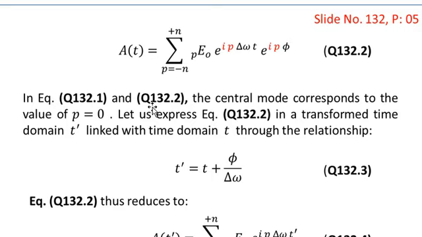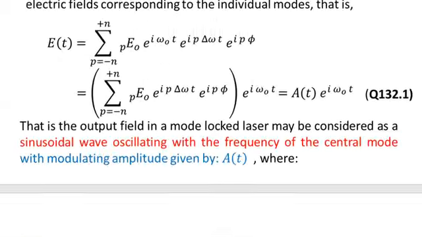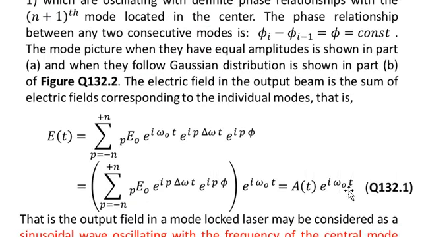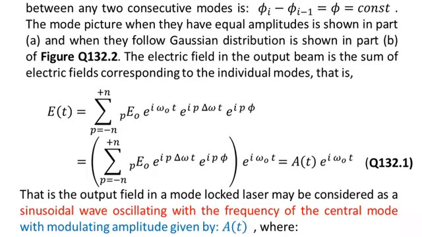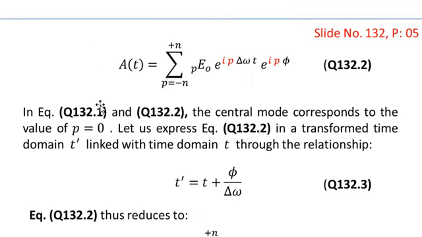In equation number 1 and equation number 2, the central mode corresponds to the value of p equal to 0. So you know that this central mode, which I have mentioned over here and we have separated out, that is e to the power iota omega naught t, actually also corresponds to the value when p is equal to 0. So in equation number 1 and 2, the central mode corresponds to p equal to 0.